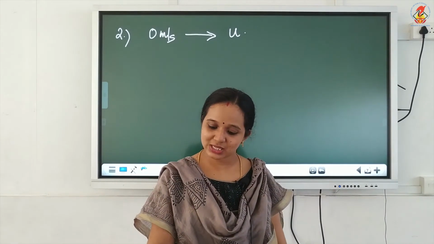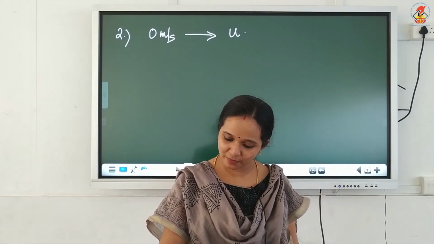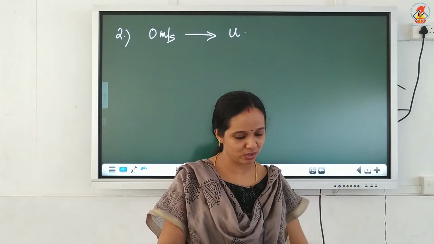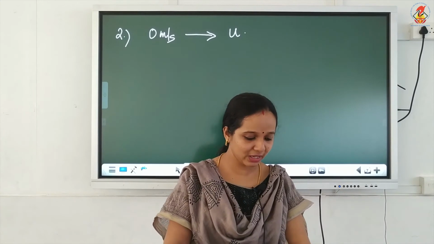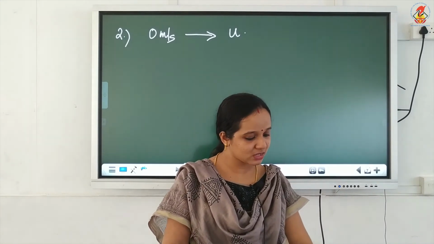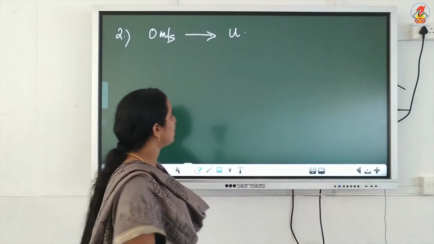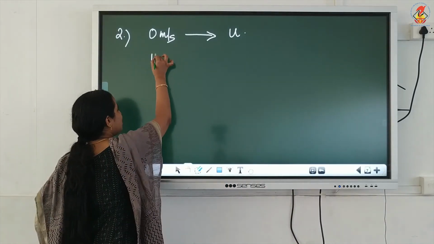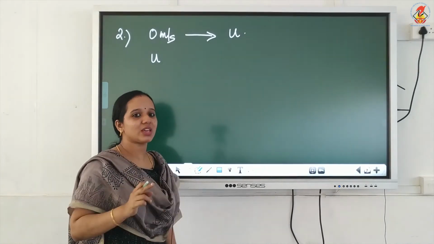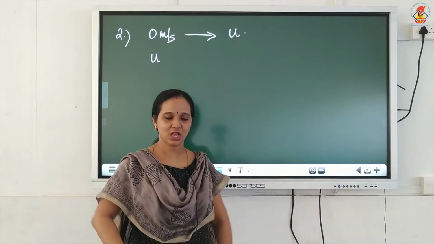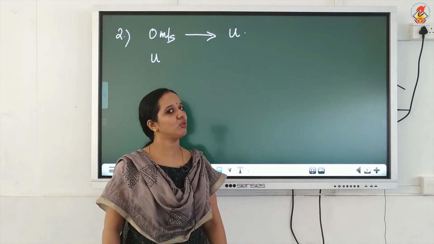Again, the second football player kicks the football towards the goal. So, the ball with velocity u reached the second player. Again, the second player also kicked it. He also applied a force.